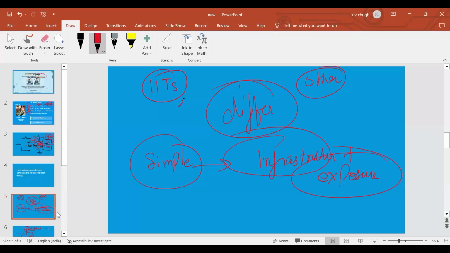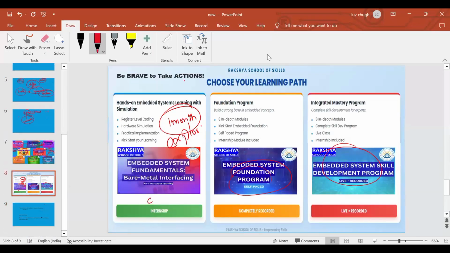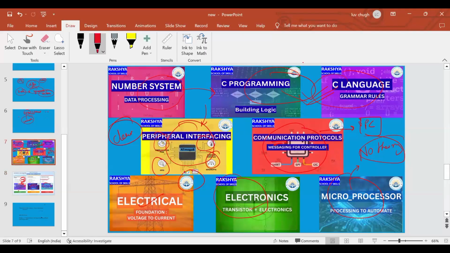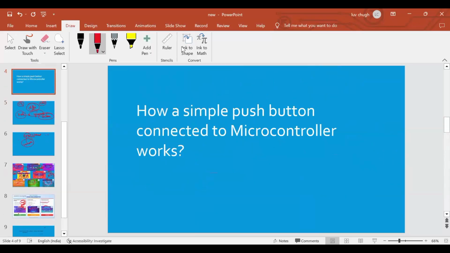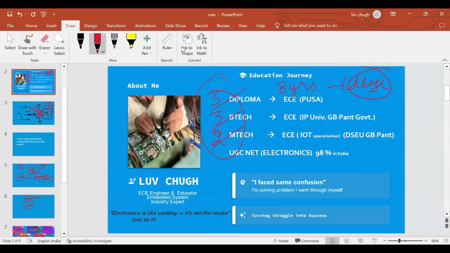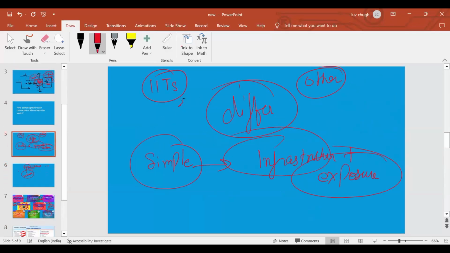The skill right now I am explaining here, the embedded system, all these three programs which I am telling you here, you have to work on electronic processors, everything you have to buy yourself right now after my workshop. It's your choice. If you like my workshop, you have to buy yourself.